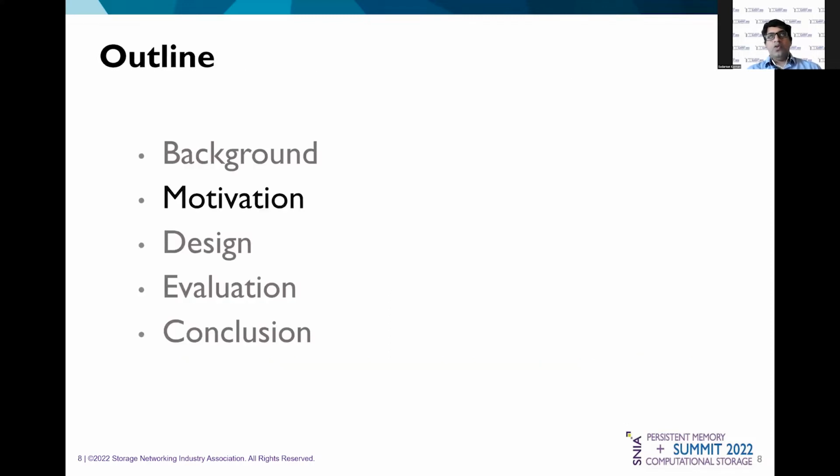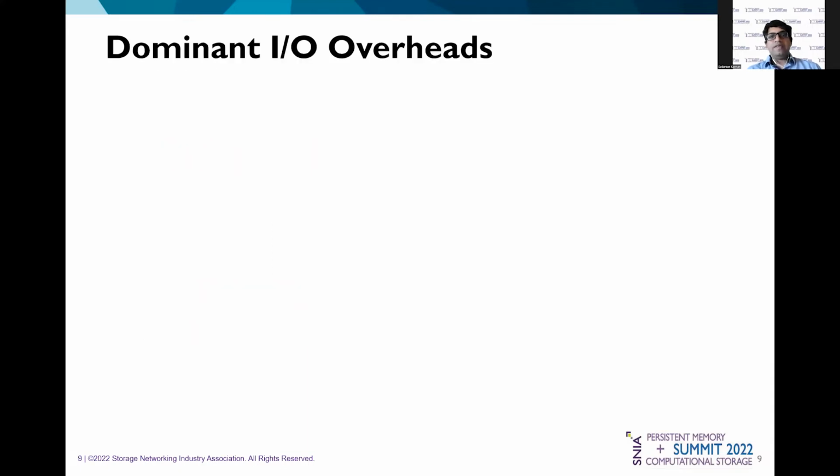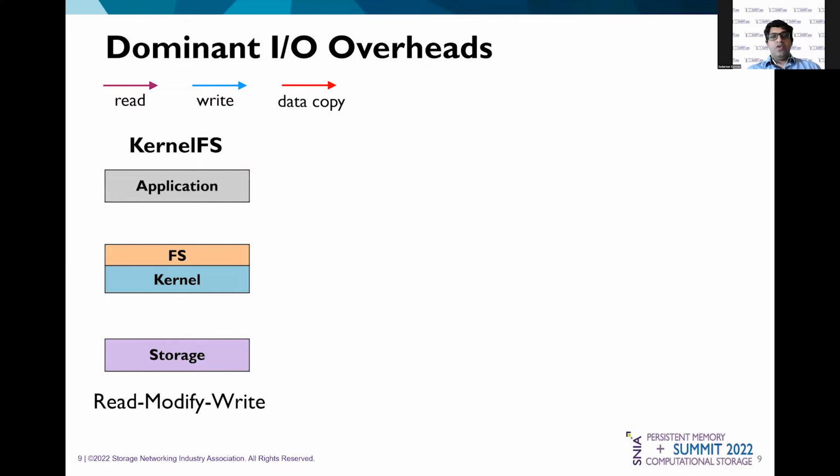Now let's look into why this is challenging. What is the problem today? If you take existing kernel file systems or even user-level file systems, every time you want to read a block, modify it and write it, you probably have to read the data from the storage, move it back to the application, make the modification, and then write back the data. All of this incurs a significant number of system call costs, PCIe costs, and data copies.